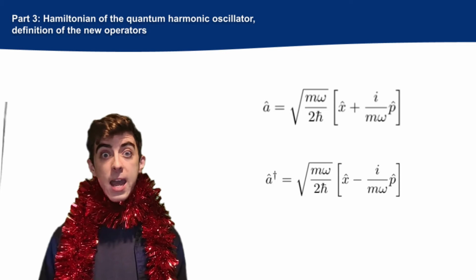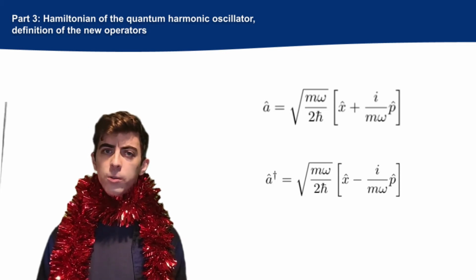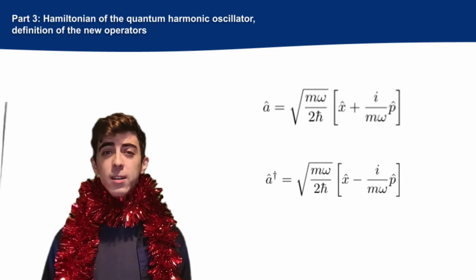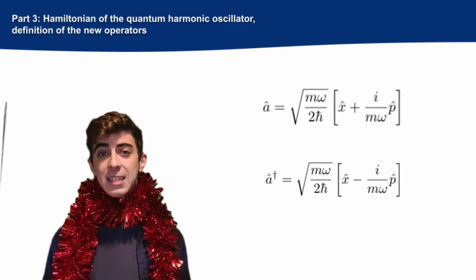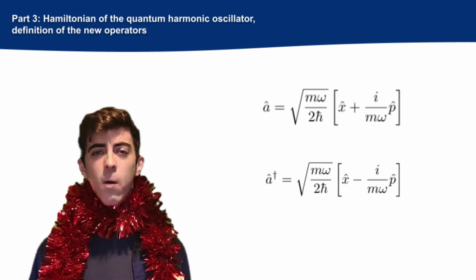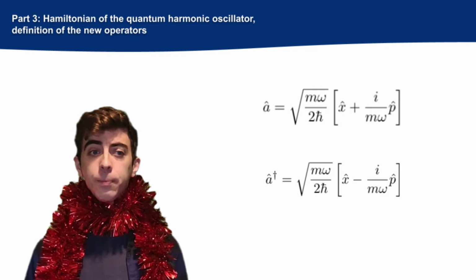And then a dagger would be equal to the square root of m times omega over 2 h bar times (x minus, okay, this is very important, minus i over m times omega times p).